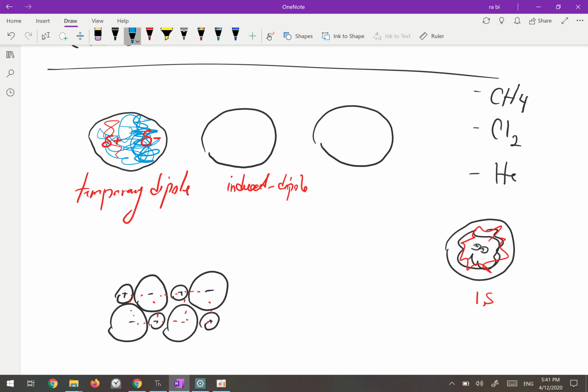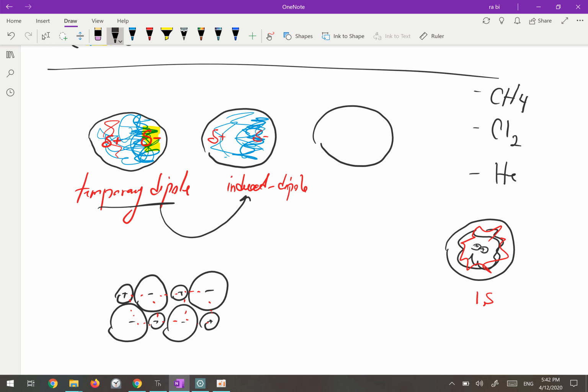In the neighboring molecule also electrons are moving randomly. But when this side of the molecule becomes negative, it pushes away the electrons which are here. So the electrons go to the right side. So this side of the molecule is depleted of electrons and becomes partially positive. The other side of the molecule becomes partially negative. So this temporary dipole has induced a dipole on the adjacent molecule.